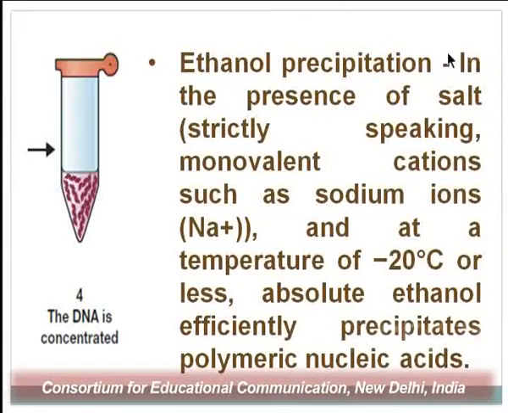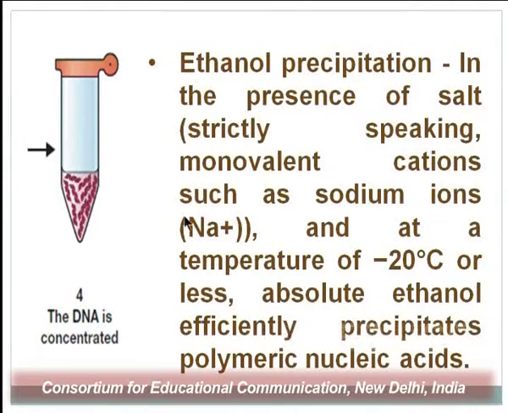The basic, very generalized mechanism to use is ethanol precipitation. In the presence of salt, strictly speaking monovalent cations, whatever solution we get after purification, we add monovalent cations to it, such as sodium ions.